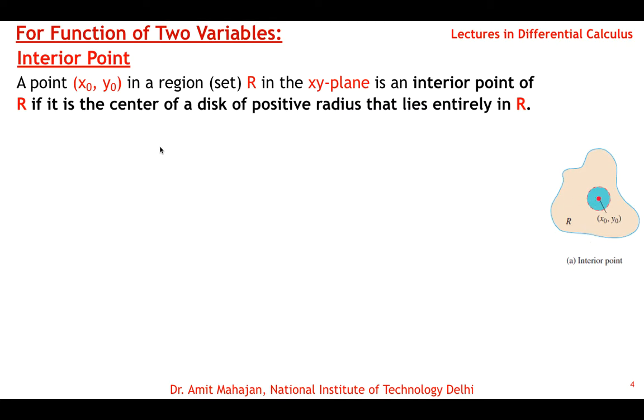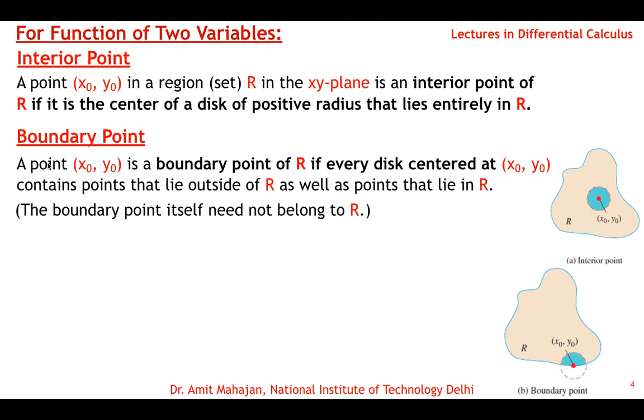Okay, the other possibility is the boundary point. A point x naught y naught is a boundary point of region R if every disk centered at x naught y naught contains points that lie outside of R as well as points that lie in R. So any point will be called a boundary point if at that point we draw a disk, and for every disk that we can draw with center at this point, that disk consists of points which are inside the region and points which are outside the region.